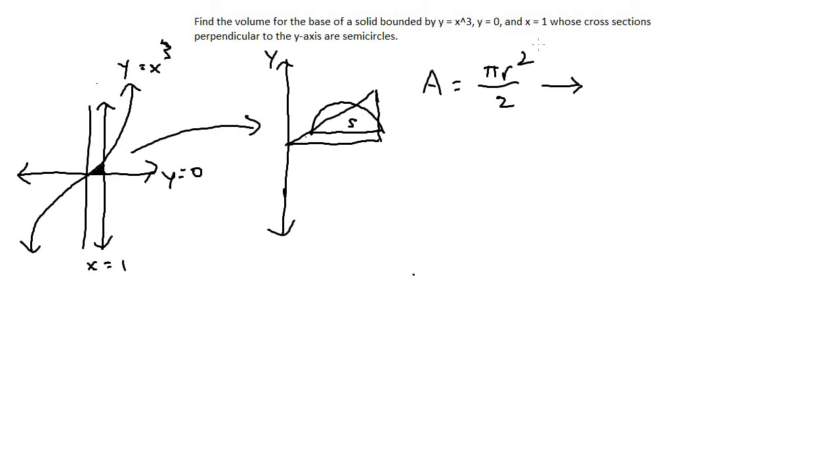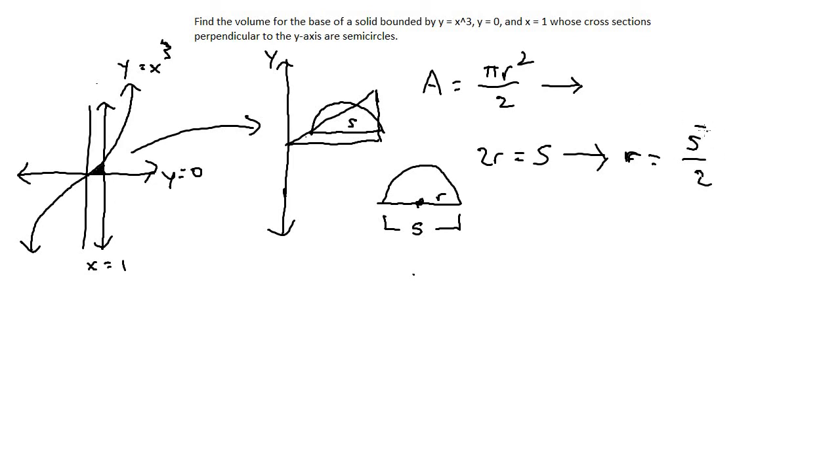If S is the entire base, the radius is actually just going to be halfway. So 2 times r is going to equal S. Now we need to isolate r so that we can substitute into the area equation. We divide by 2, so r is going to equal S over 2.